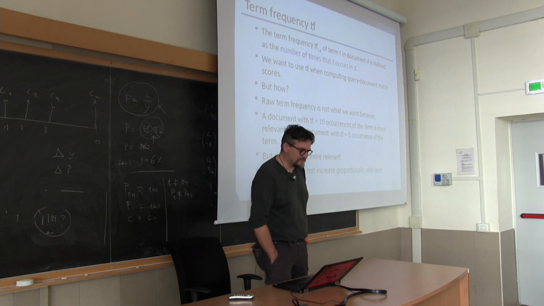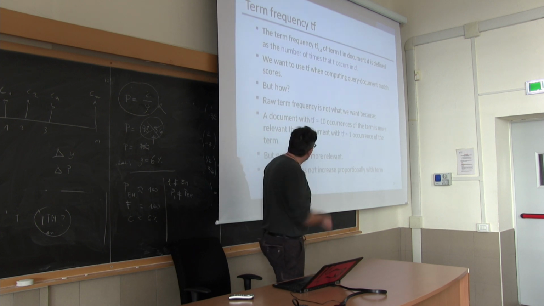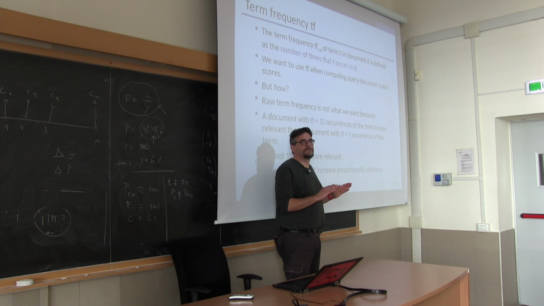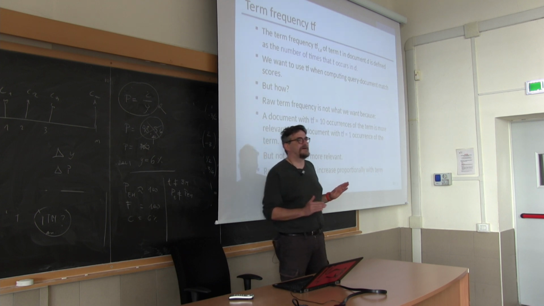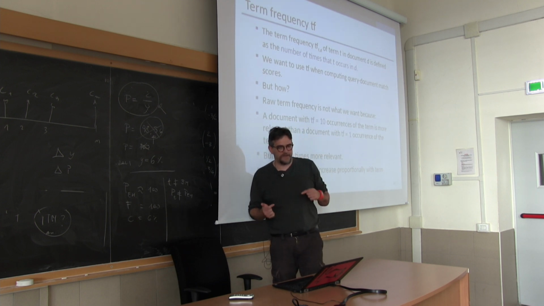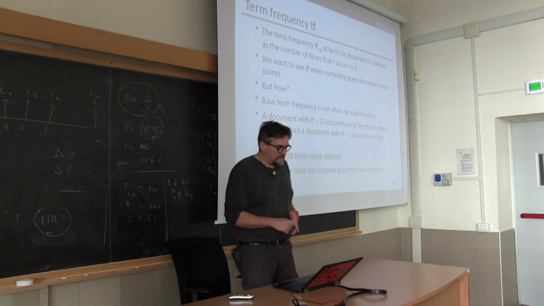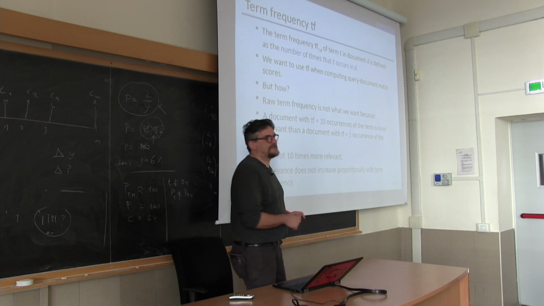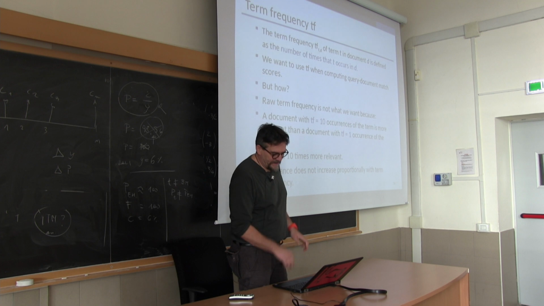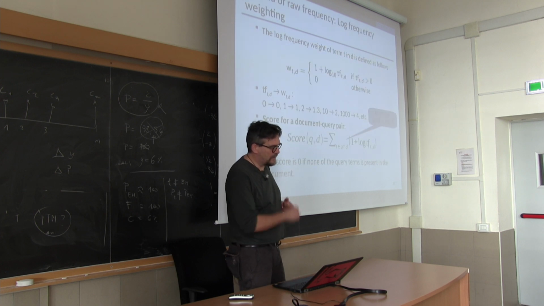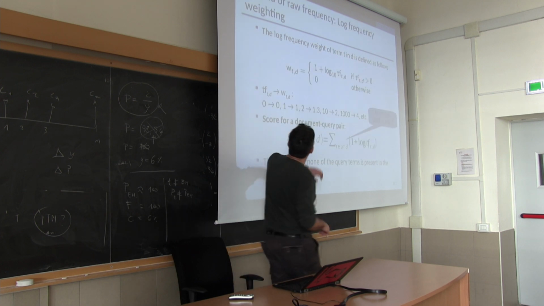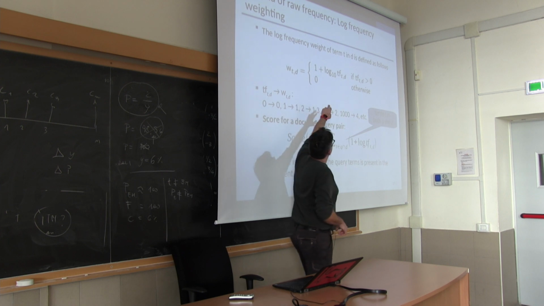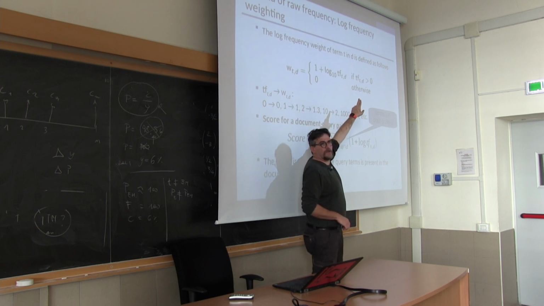Usually, you cannot assume that there is a linear relationship between the frequency of a term and the relevance of the term in the document. It's true that there is a connection, but it's likely not linear, and indeed, the proposal is to assign a weight that is logarithmic with respect to the frequency.